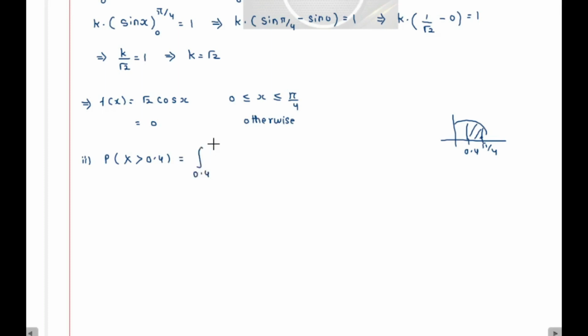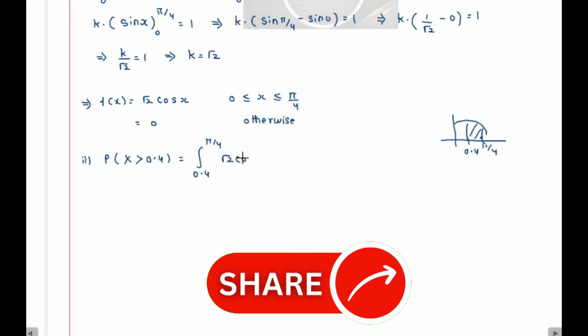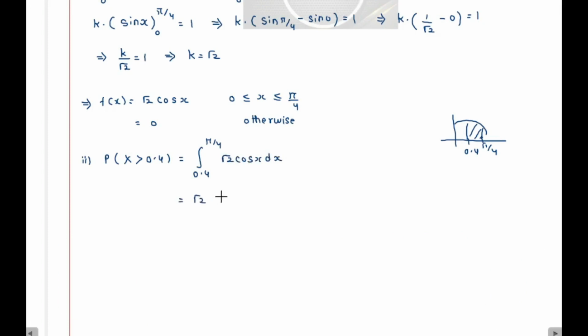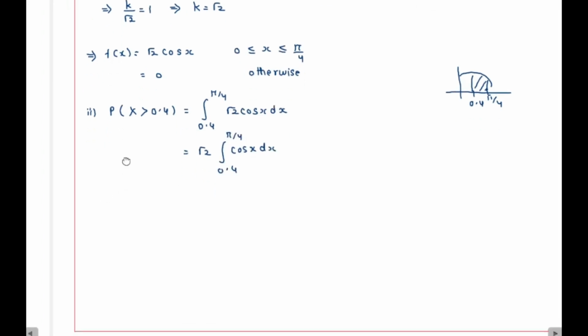So from 0.4 to pi by 4, I'm going to integrate root 2 cos x with respect to x. So this will be equal to root 2 outside, and I'll take integration of cos x dx from 0.4 to pi by 4.